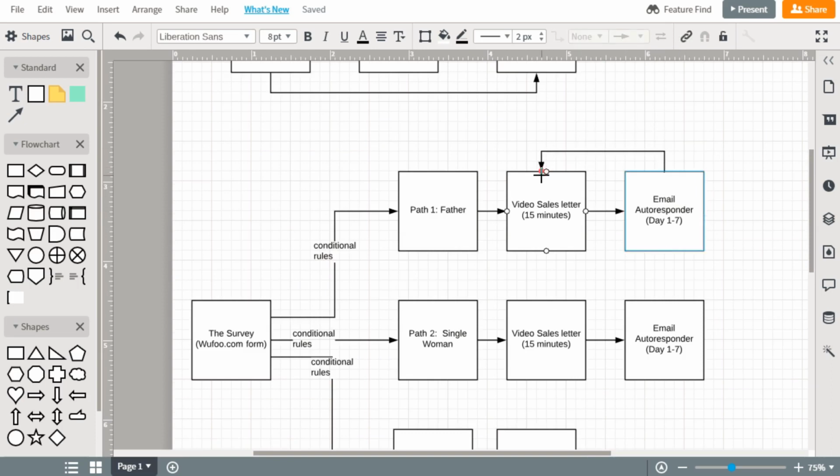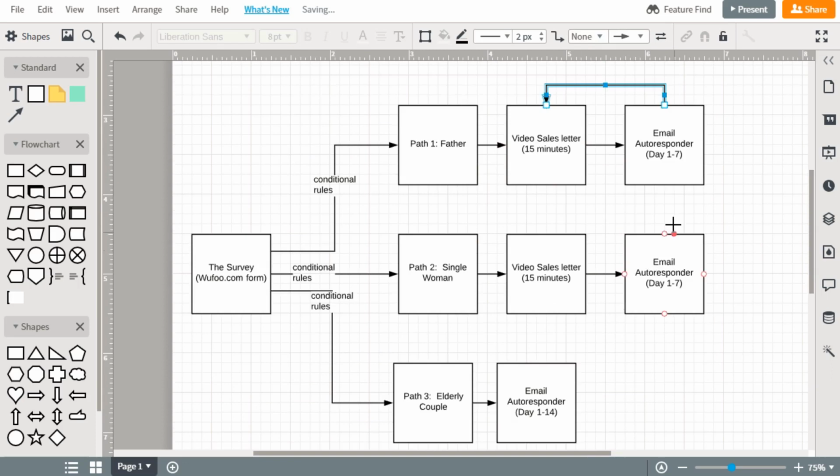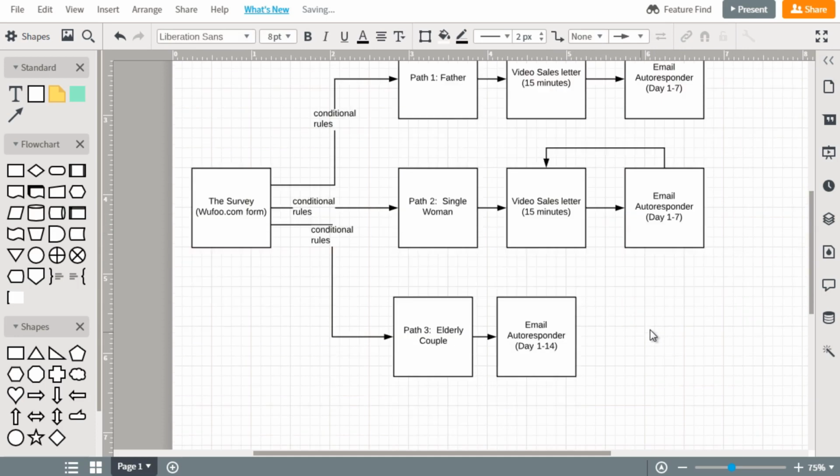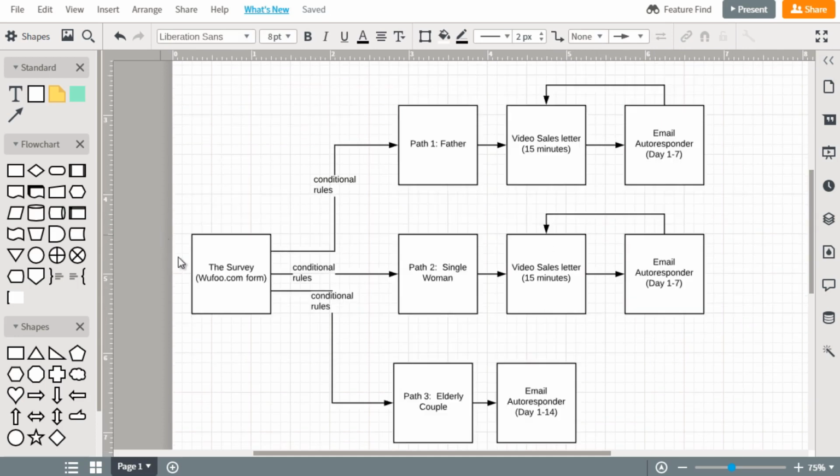And what we can do here is the email autoresponder series. Obviously, the emails might go back to the video sales letter, like so. So let's break this down real quick. So the survey's here, they fill it out, the conditional rules are sent here, and based on the answers that they give, they either get asked more questions or they get sent to a video sales letter, but then after that they get added to an email list, and perhaps over here they have to fill in their email, and if they get over here, they get automatically added to the email autoresponder series over here.